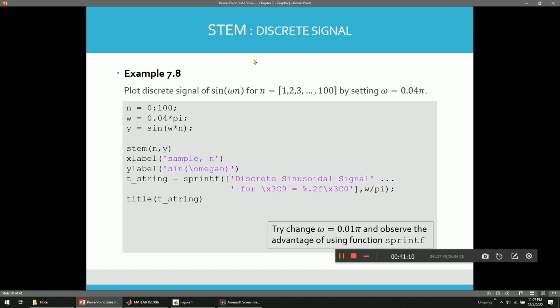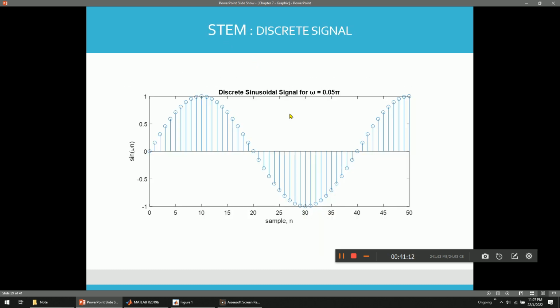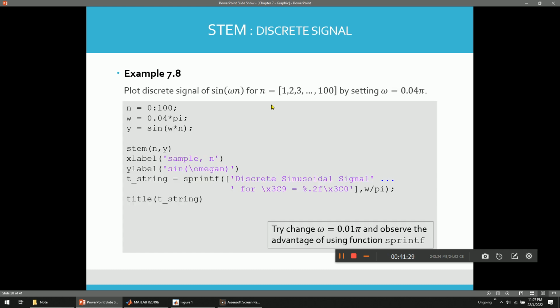Maybe I should explain it. If you have discrete data, you better use stem. This is the discrete data. Continuous data we usually use the plot function. But if you have discrete data, it is better to use stem.